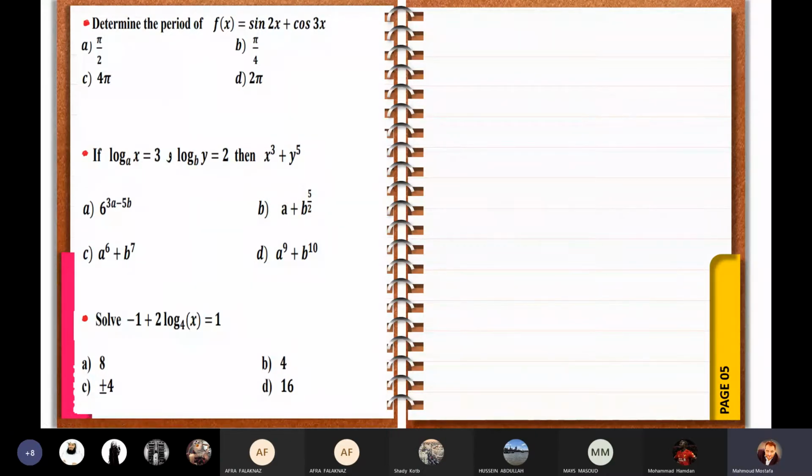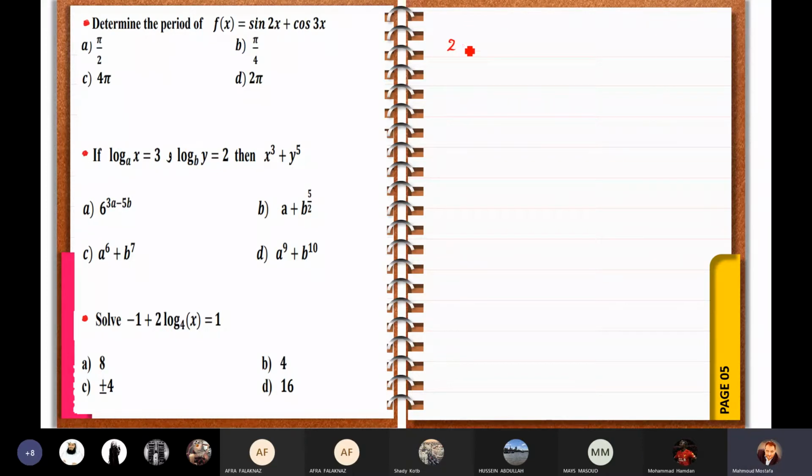Excellent. Okay. Determine the period of f of x equals sine 2x plus cosine 3x. Here we have sine and cosine. In general, the period for sine x, not 2x, is 2 pi, right? But sine 2x is what?